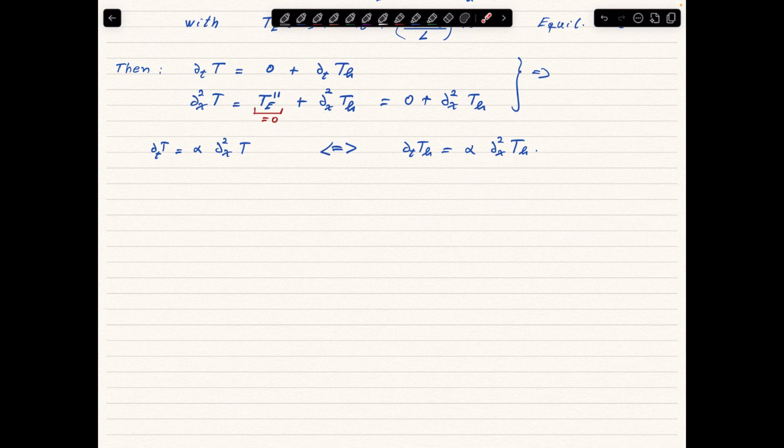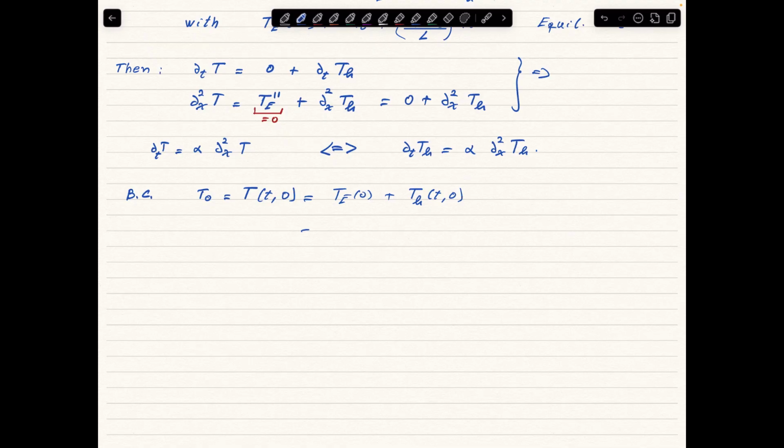But now, what are the boundary conditions for T homogeneous? The boundary conditions now are, what is T at 0? T at 0 is the temperature at any time at x equals 0. But this is the equilibrium solution at 0 plus the homogeneous part of the solution at any time at x equals 0.